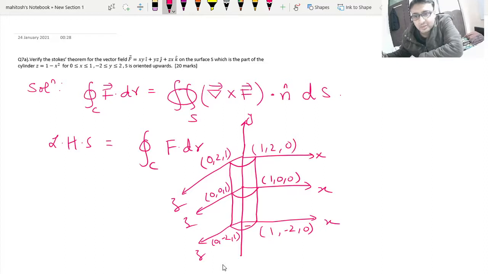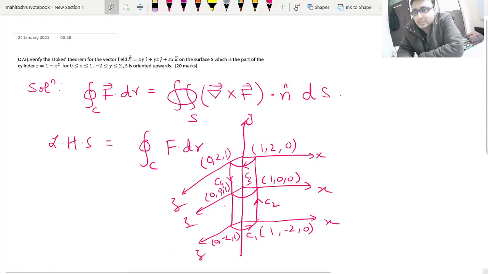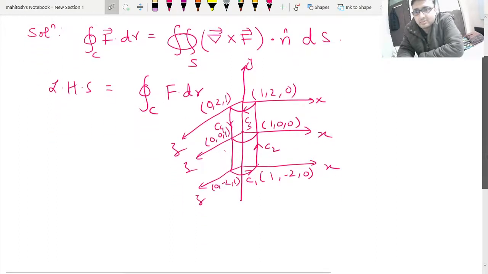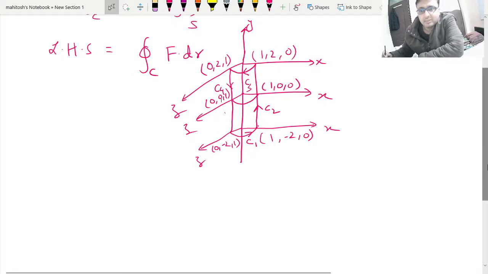We can see over here this is one of your curves C1, and this is your C2 from here to here, and this is your third, C3, and lastly we get this as C4. We need to find the line integral along these four curves. You have to label the diagram properly. You can use different colors to code it.